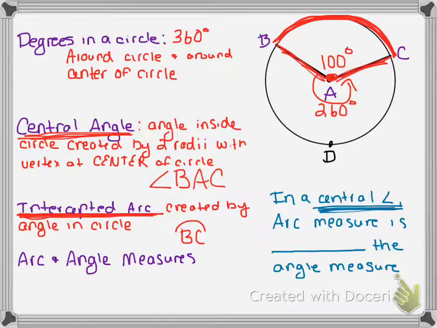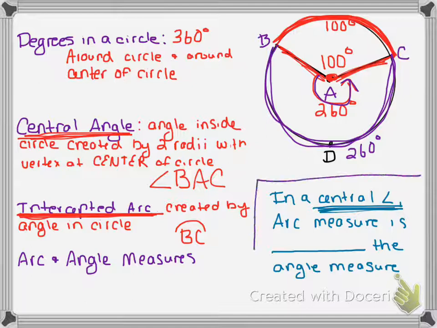That measurement is equal to whatever the measurement of the central angle is. So if angle BAC is 100 degrees, then arc BC is 100 degrees. Then major arc BDC, that arc measure has to be 260 degrees because the angle on the inside is 260 degrees. So that is a central angle. So in a central angle, the arc measure is equal to the angle measure.